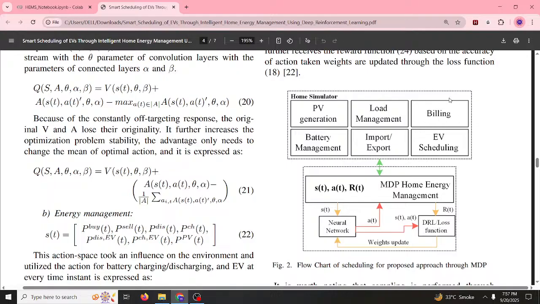So our purpose is to schedule the incoming energy in such a way that it is appropriately distributed into the battery and also to the EV, and import and export, without compromising the comfort of the user. Here the load is managed appropriately. So for that purpose we are designing this agent.